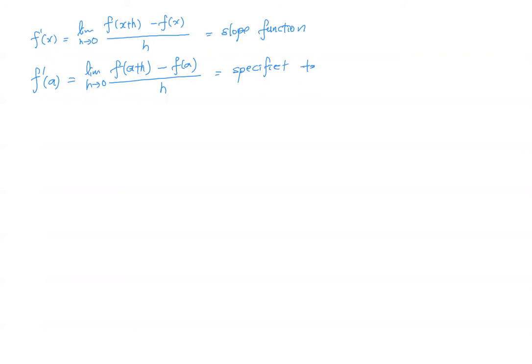Tangent, gradient of a tangent. Specific gradient. I can also find a specific gradient by using this. That's what we do in our second question. That is what this question is all about.